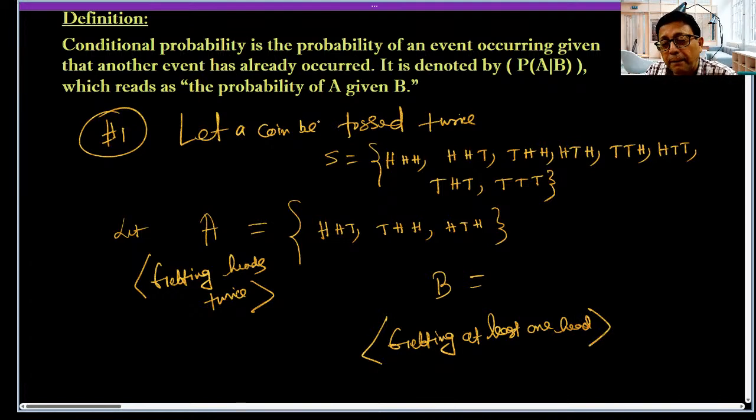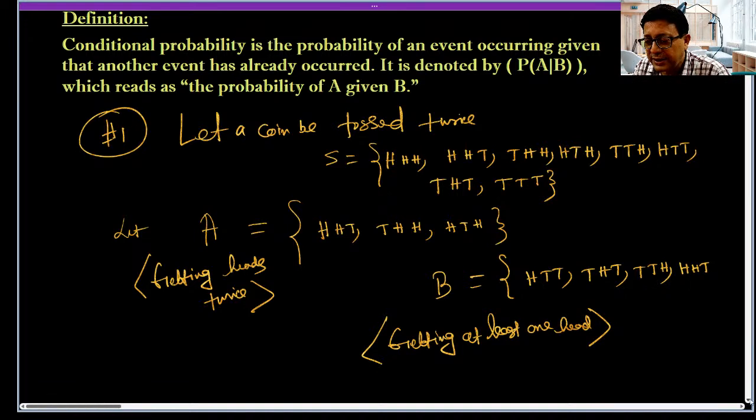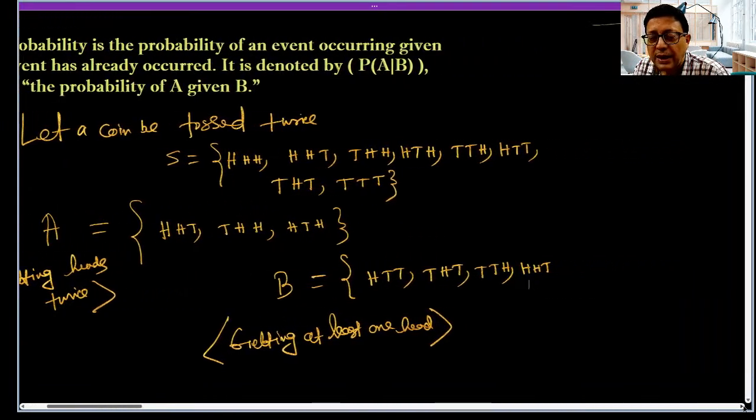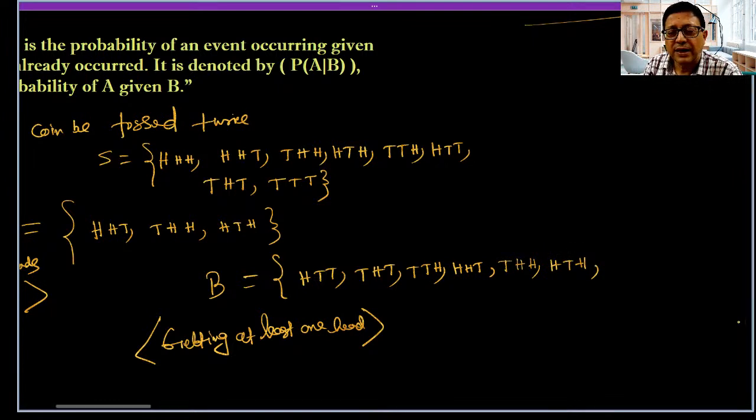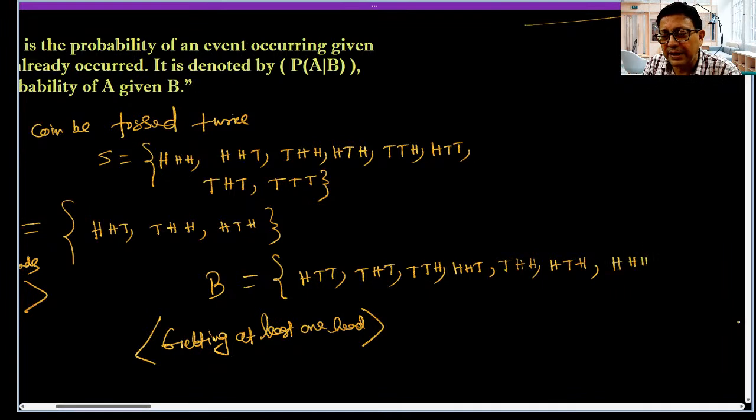Then B will be written as: at least one head means HTT, THT, TTH, HHT, THH, HTH and HHH. Alright? Getting at least one head, this is the case.